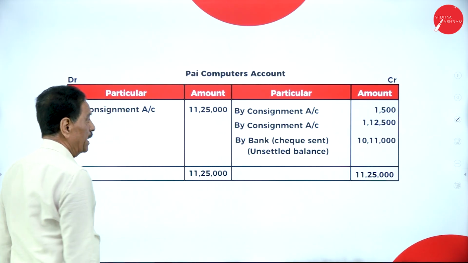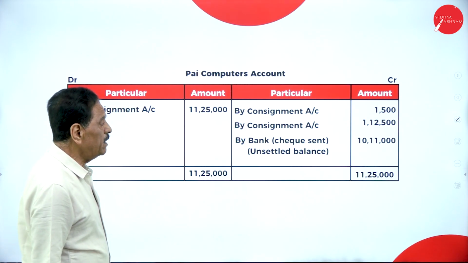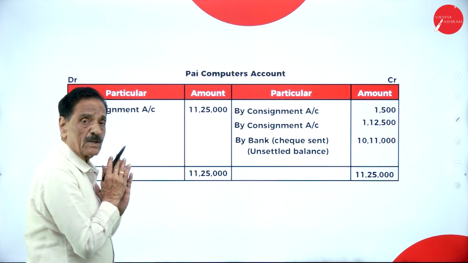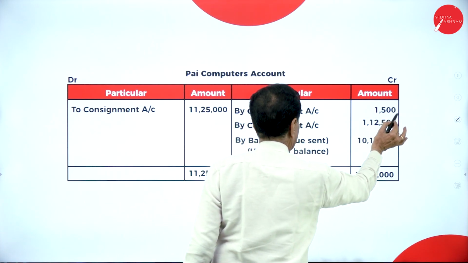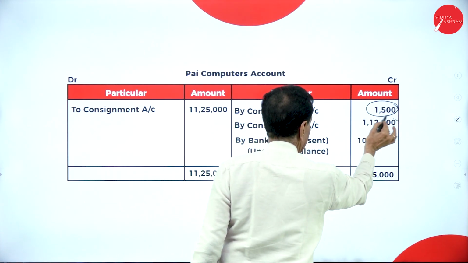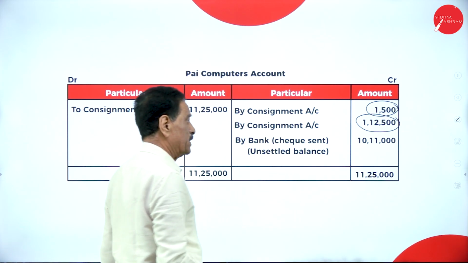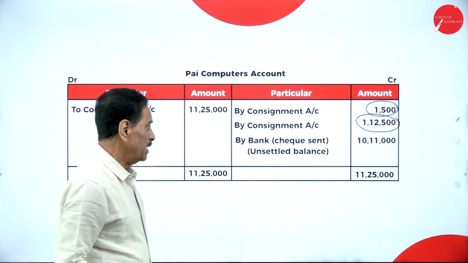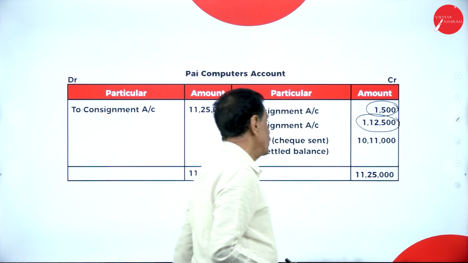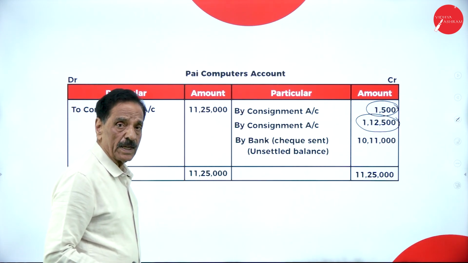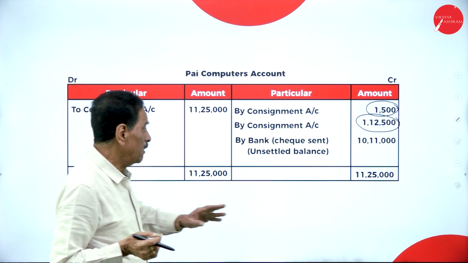Then come back to the consignee account. When you make the sale, it is 11,25,000. So the consignee retails 11,25,000. Out of that, his expenditure of 1,500 and his commission of 10% on the total sale are deducted, and whatever the difference comes, that will be sent by the consignee to the consignor. He will send the check or draft for how much money?